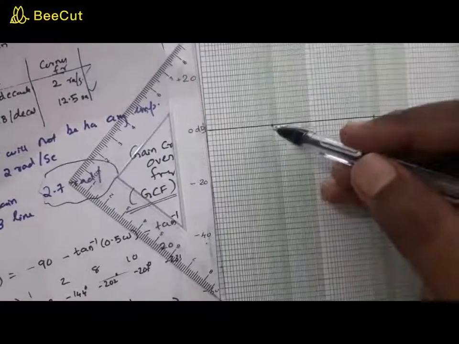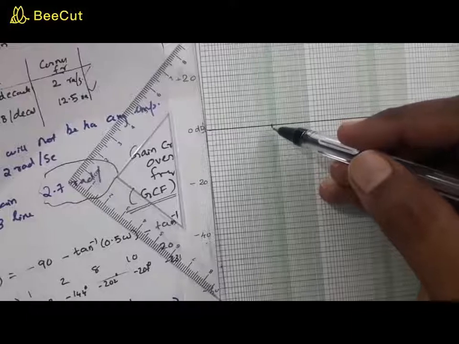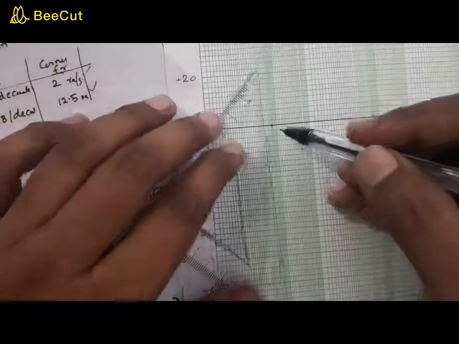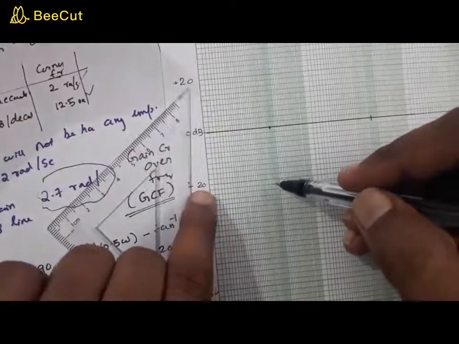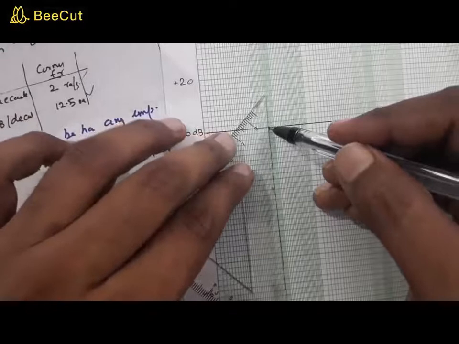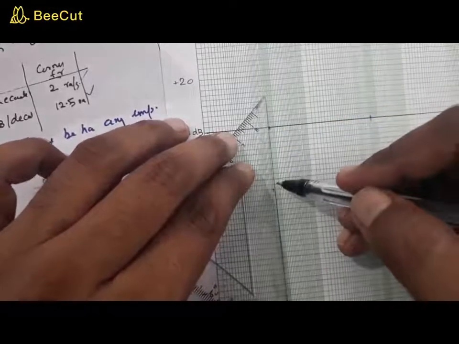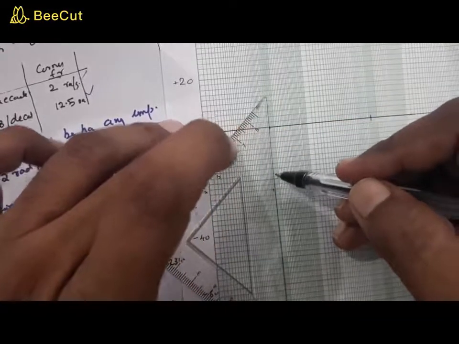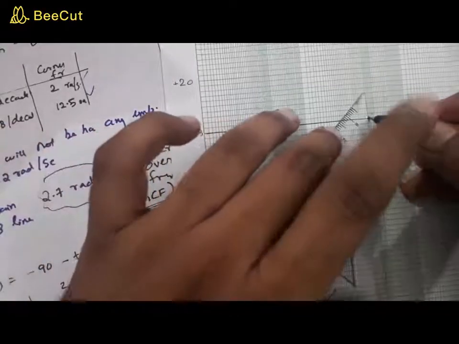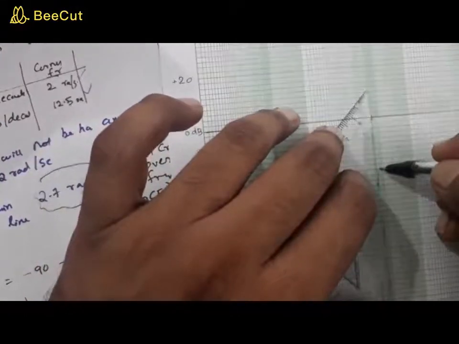Now what is this point? This is actually your minus 20 dB line, right? So mark that on the 20 dB line. Here also you may mark that on the 20 dB line.